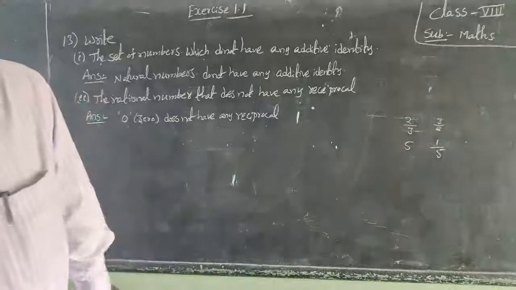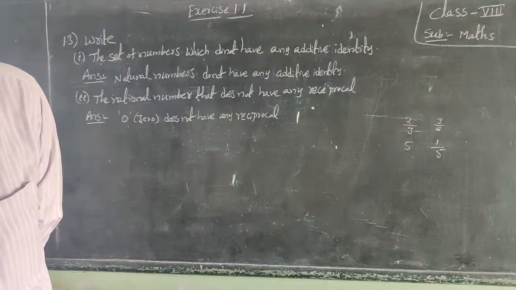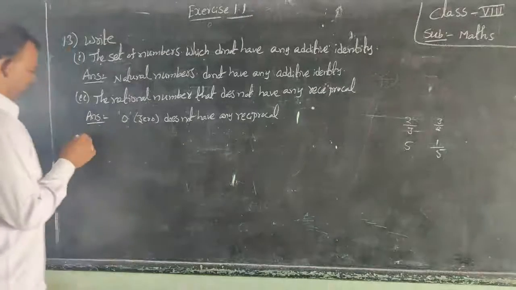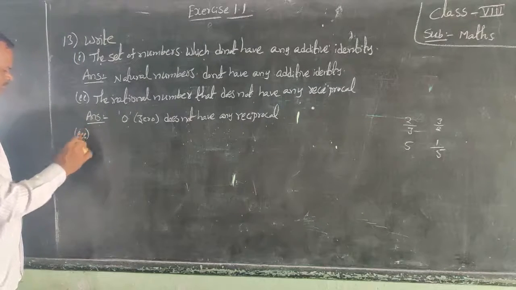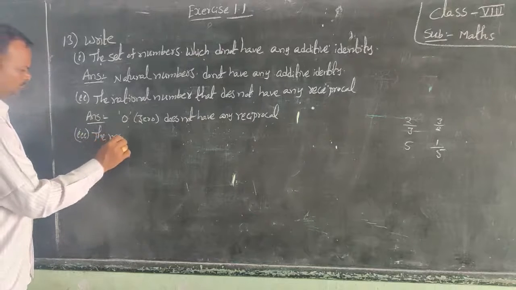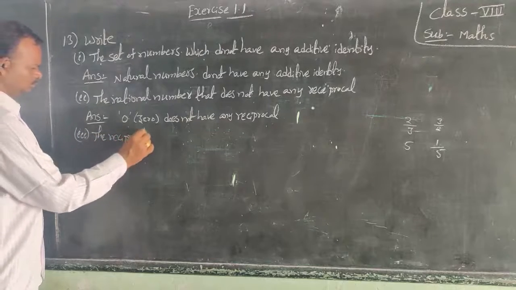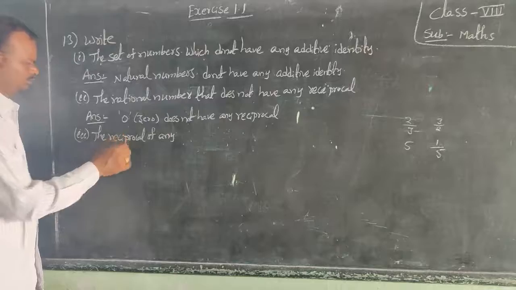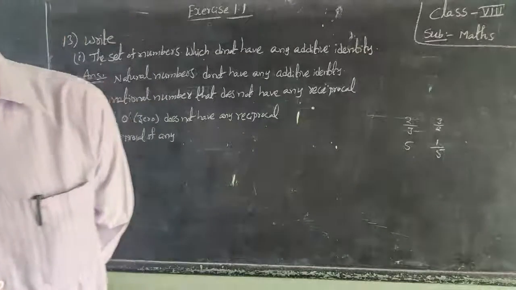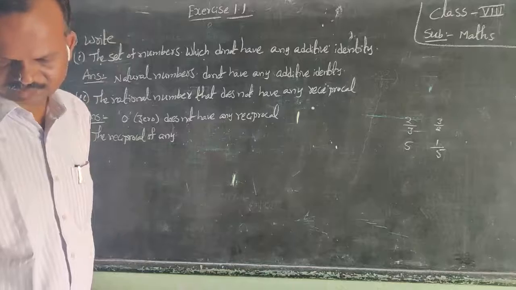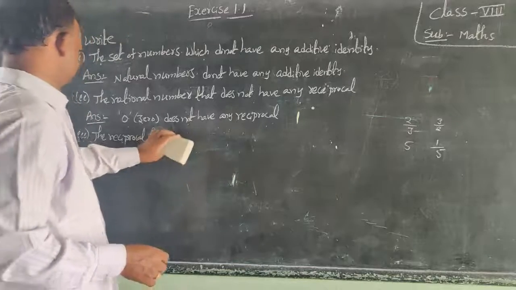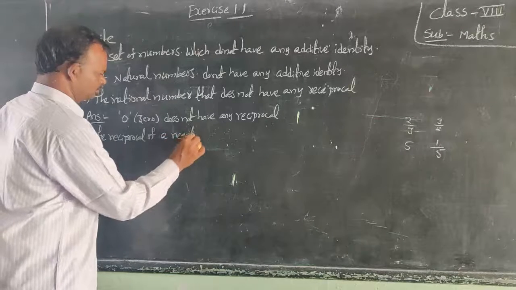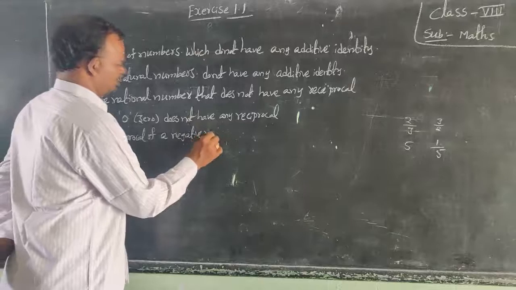And next, third one is the reciprocal of any negative rational number.